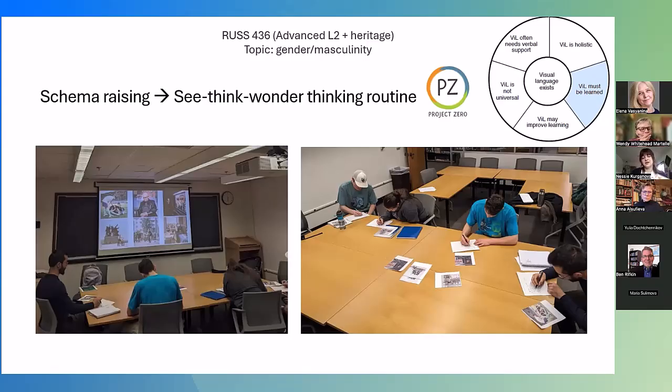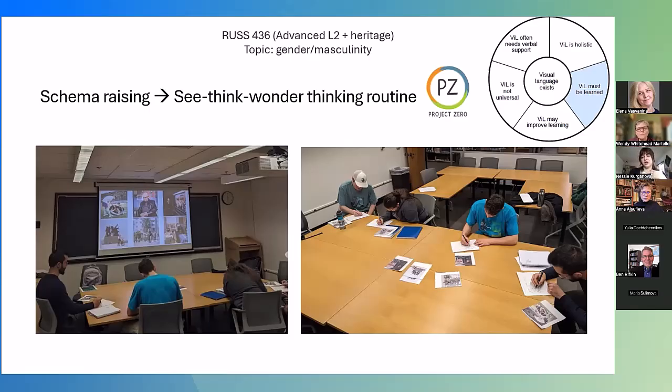And only then, I called their attention to these pictures and asked them, okay, pick one that interests you from what you thought about in terms of masculinity, and write about it a little bit more. A wonderful thinking routine for that was: what I see, very objective; what I think, analysis; and what I wonder, inquiry.